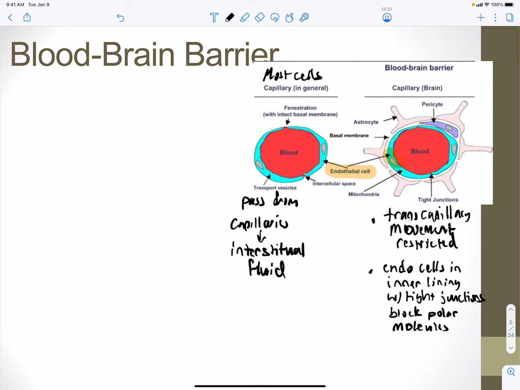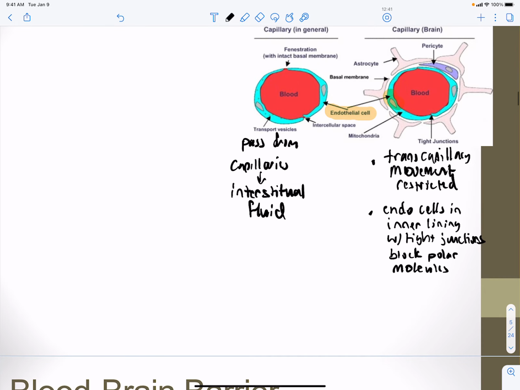They also lack mechanisms for transendothelial transport. So they have no fenestrations, no transpinocytosis, etc.